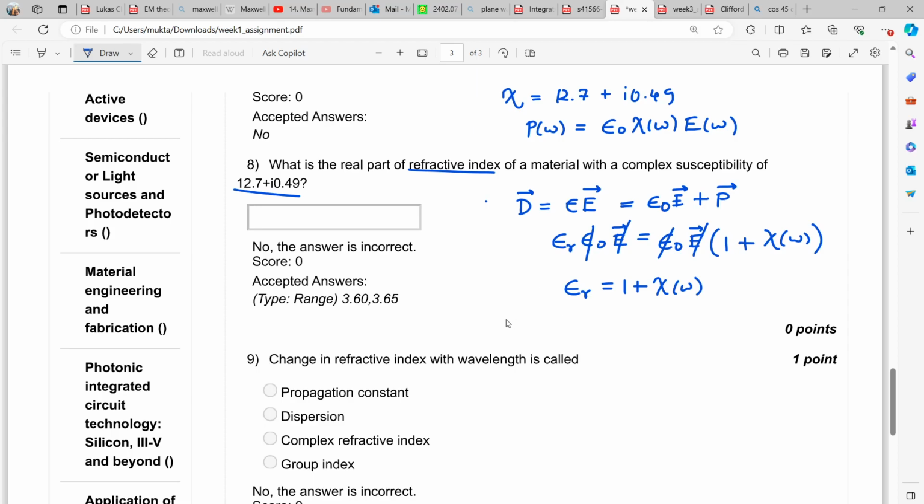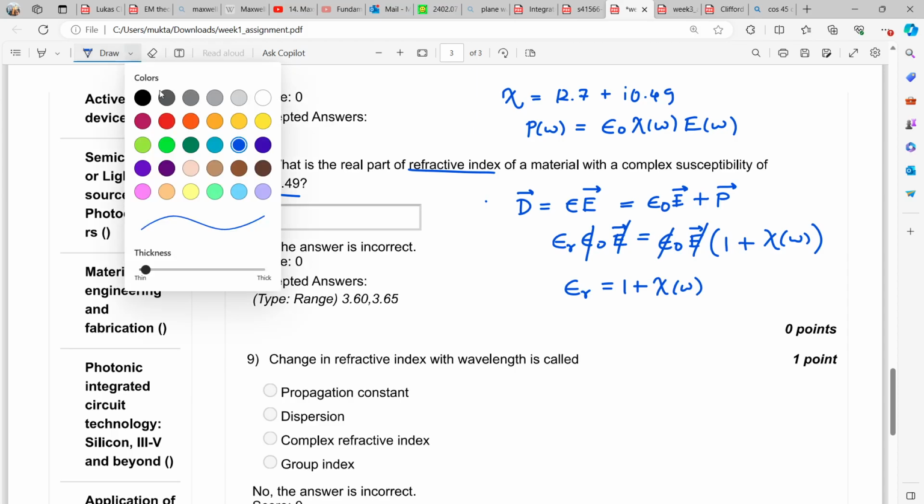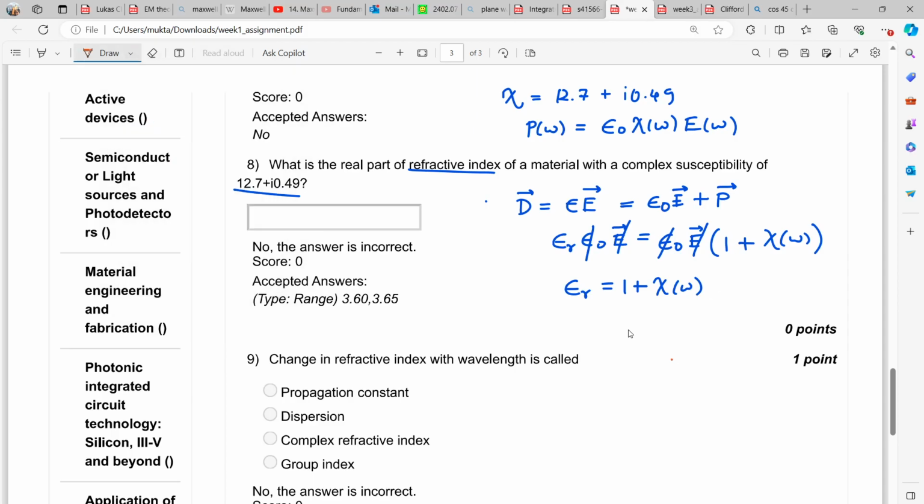This is easy to see. My refractive index is nothing but c over Vp, just like we discussed just now. What is c? c is 1 by root mu naught epsilon naught, and Vp is 1 by root mu epsilon.